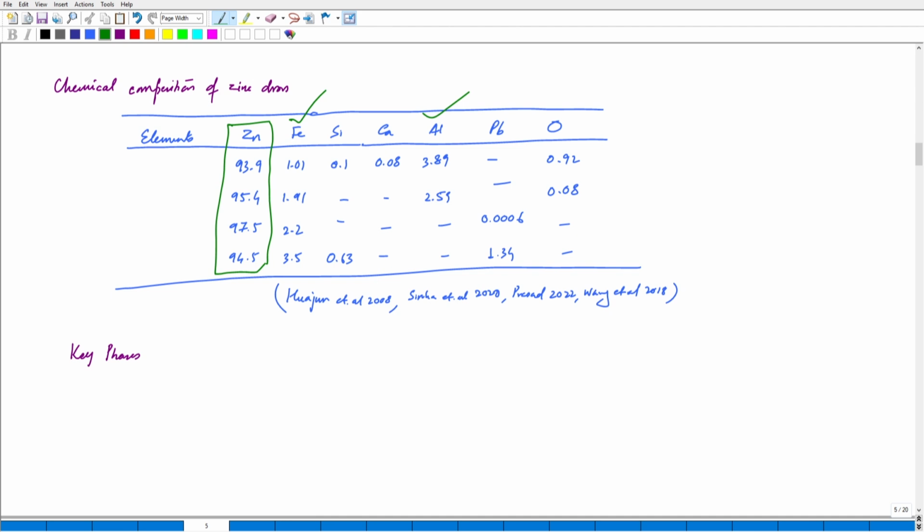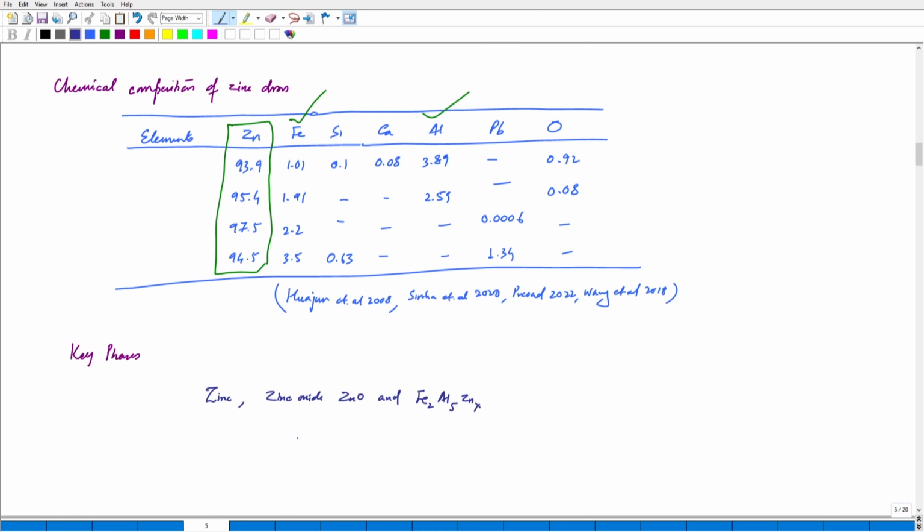Now, what are the important key phases that are present in zinc dross? So, the key phases that are present are, of course, zinc as metal, zinc oxide, ZnO, and if we are looking at intermetallics, and if intermetallics are actually present, then we can have phases like this: Fe2Al5Znx.